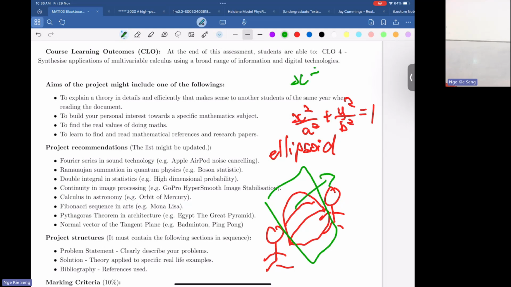Maybe this plane is x plus y plus z equals 1, for example. If you let the point sit on these two shapes, then you will get the plot you want. Hey, an ellipsoid does not look like that, right? That one is just an ellipse. What is an ellipsoid? You need one more term, z squared over c squared.